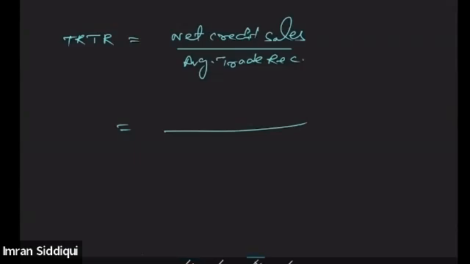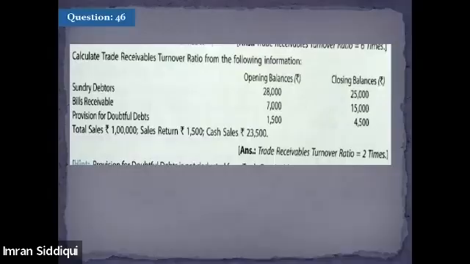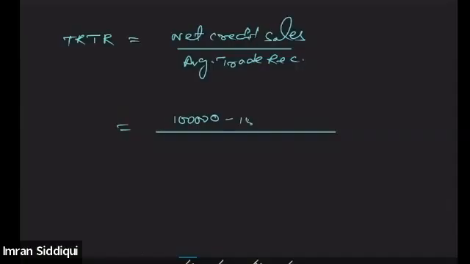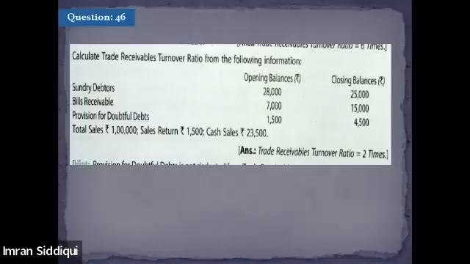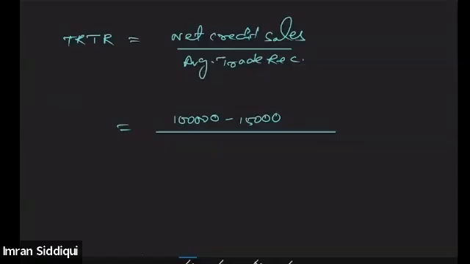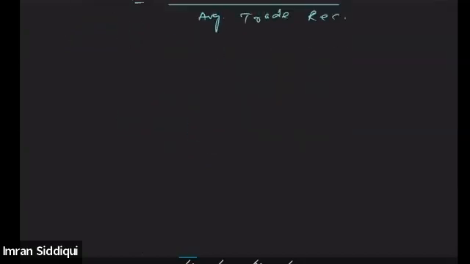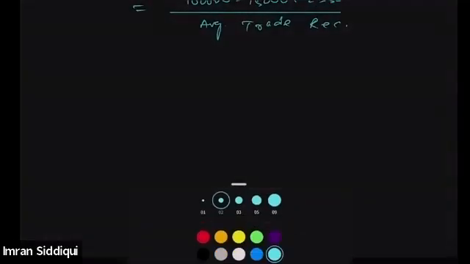So 1 lakh minus 15,000 minus the cash sales, say 23,500, and we need to find out the average trade receivables as well. But for that, we'll have to prepare an extra working. Let's do that.